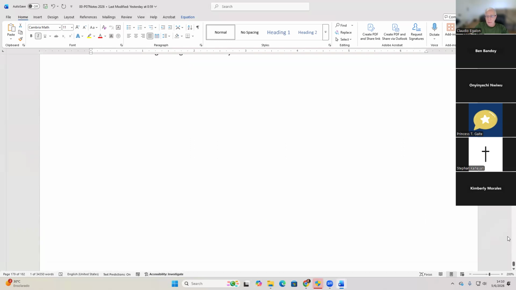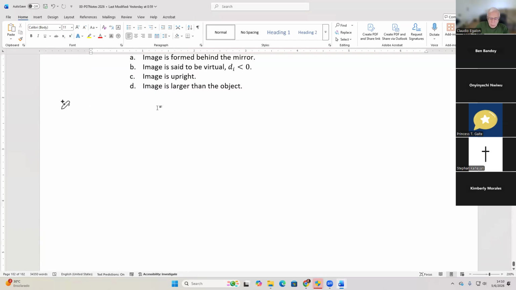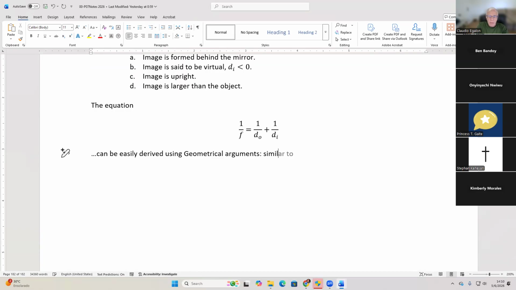It's not difficult to use similar triangles, something that we learn in geometry, in math.